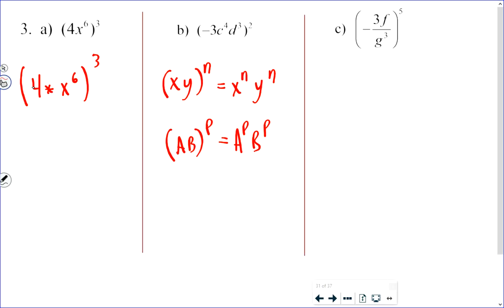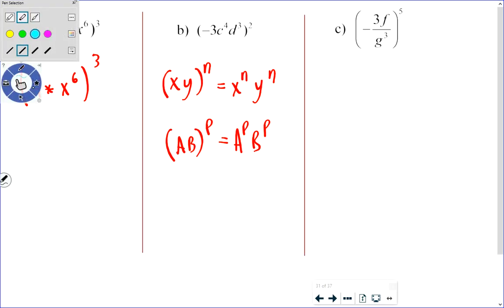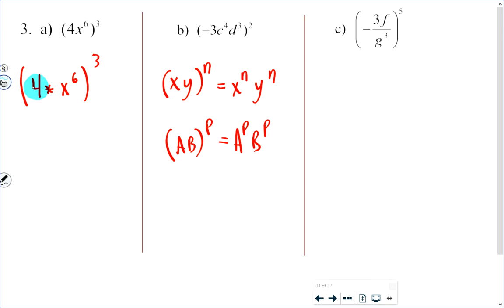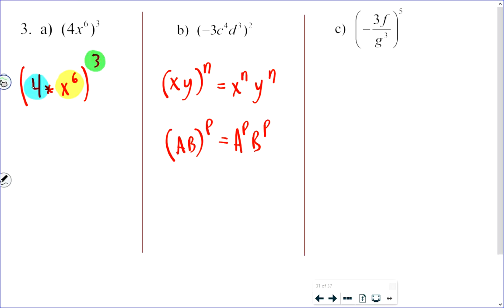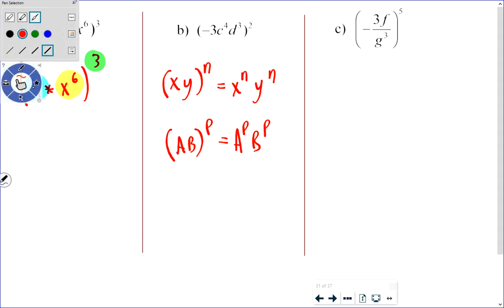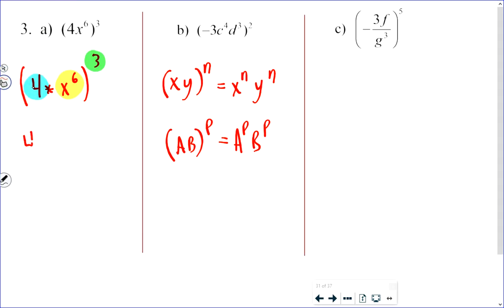If it's 4 times x to the 6 raised to the 3, then it will be 4 raised to the 3 times x to the 6 raised to the 3.